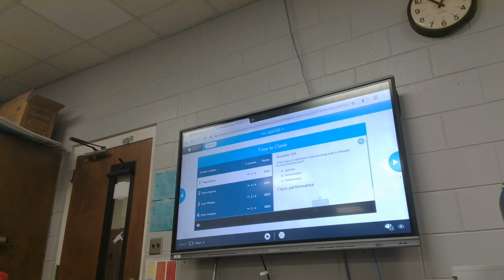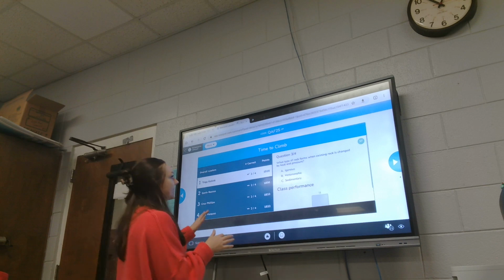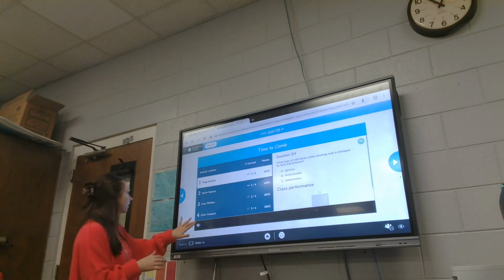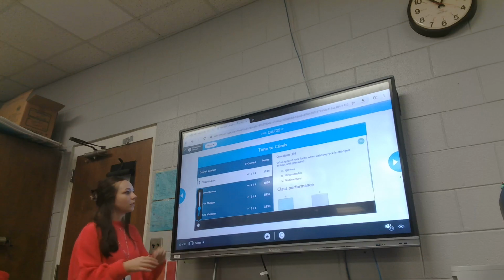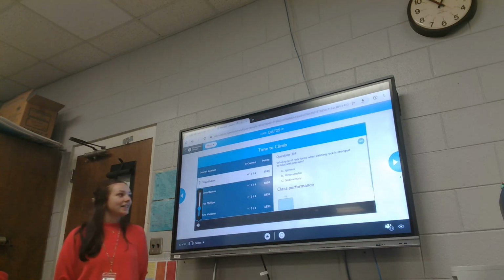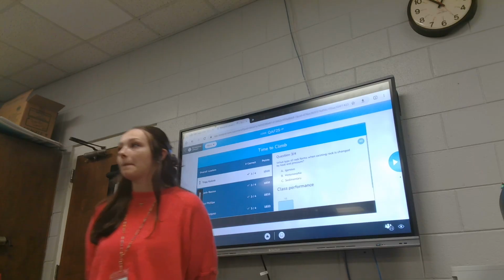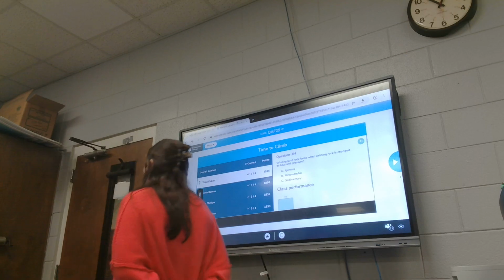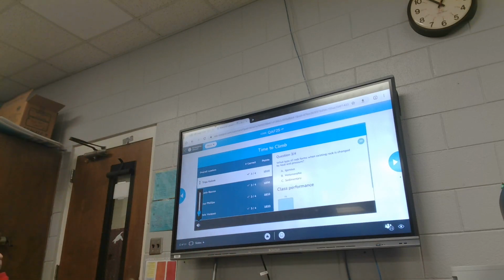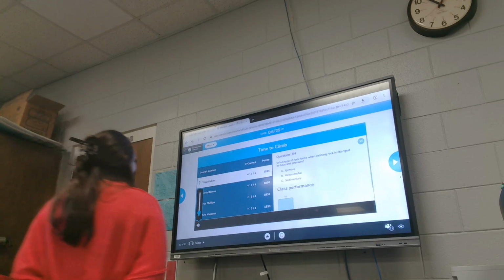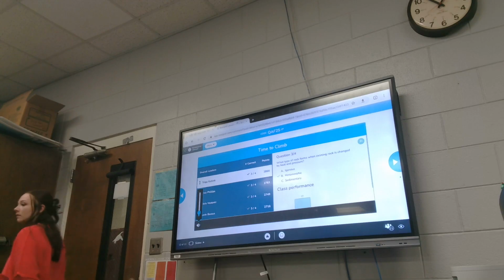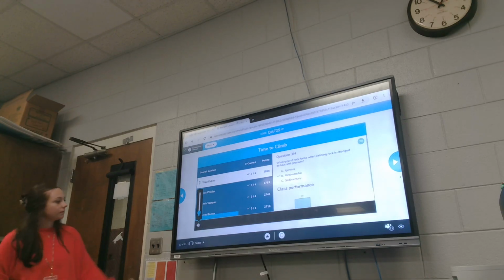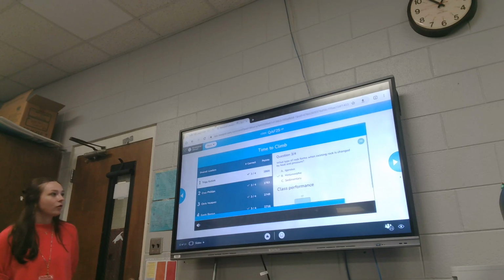All right, number 3. What type of rock forms when an existing rock is changed by heat and pressure? Igneous, metamorphic, or sedimentary? Metamorphic.